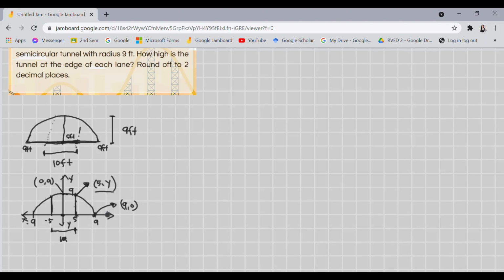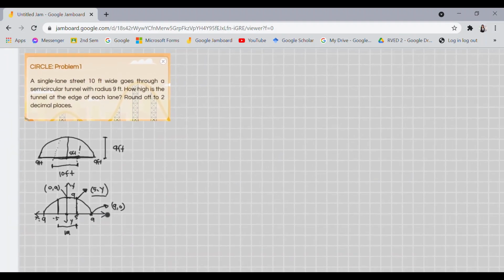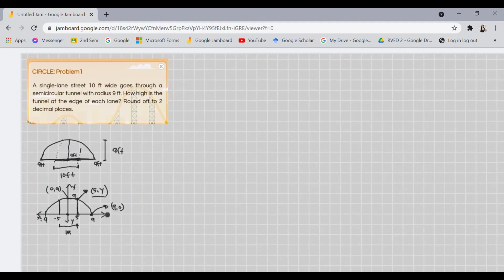Okay? Given that coordinate, given that illustration, we cannot answer the problem with just those things. We still need the defining equation. So, to write the defining equation, balik kayo dun sa basic characteristics nung binigay sa problem. So, this is about circle, and then the center is at 0, 0 in the Cartesian plane. No other points given in the problem. So, the center is at 0, 0. And then, the radius given in the problem is 9 feet.